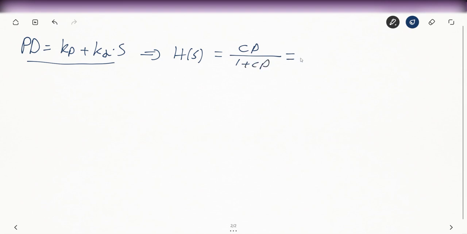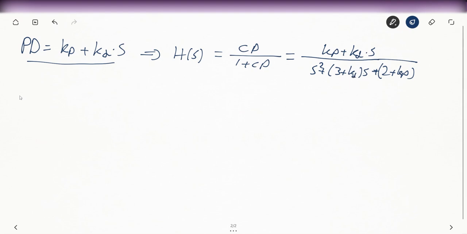For the sake of simplicity and saving time, I'm just going to write this immediately, which is Kp times Kd times s over s squared plus 3 plus Kd times s plus 2 plus Kp. You may notice that we are also controlling the second pole of the system by adding this Kd here, but I'm not going into the details.